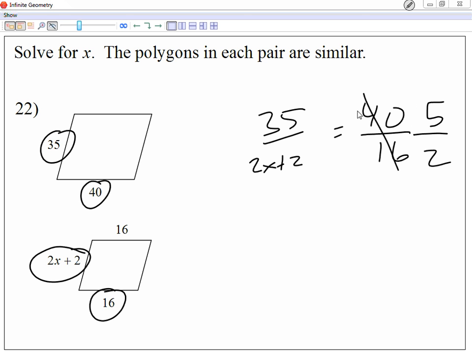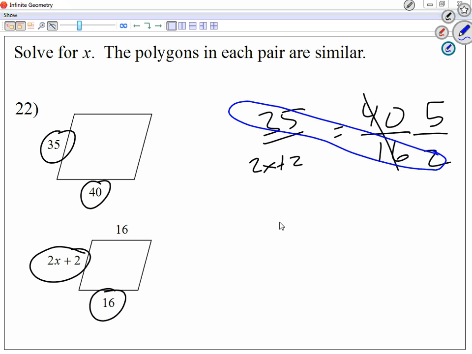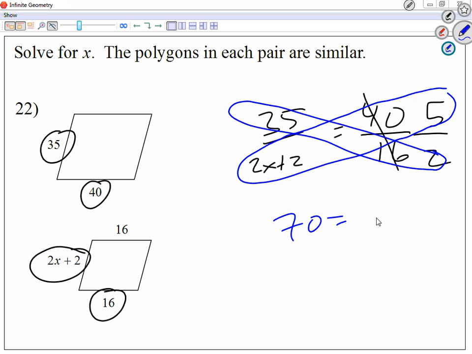I can simplify the 5 with the 35, right? Side to side, I can simplify that. But let me not do it. And I'm going to show you guys why. I know when I cross multiply, 35 times 2, that's simple. That's just 70. But when I cross multiply here, make sure the 5, you multiply to both. So I'm going to have 10x plus 10.